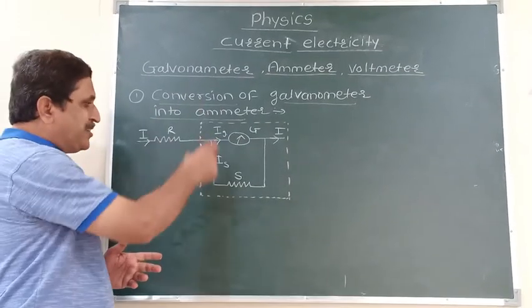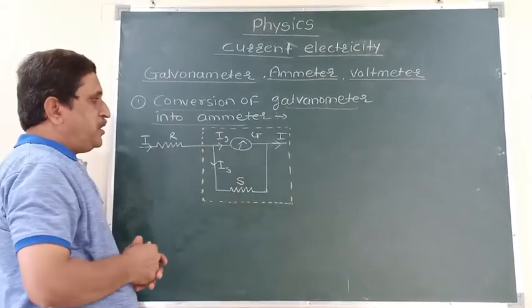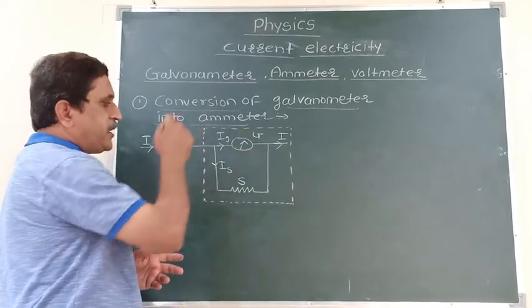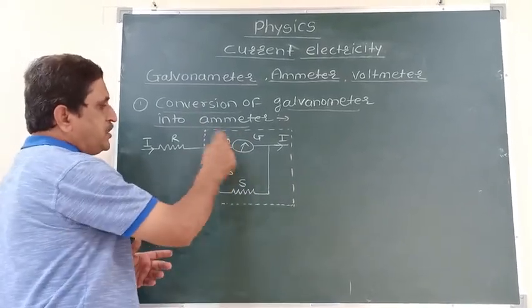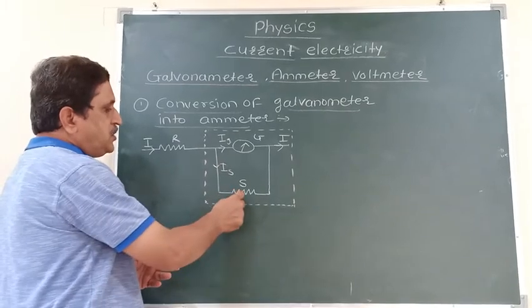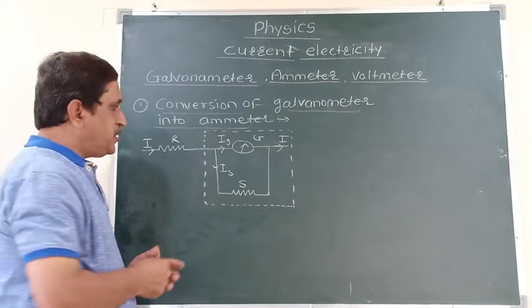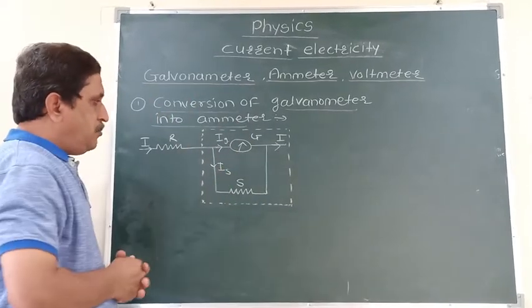To avoid all these three problems, one modification should be done with the galvanometer. That means the resistance of that galvanometer should be decreased, and to decrease the resistance of galvanometer, here shunt resistor is connected in parallel combination with the galvanometer, and thus we can say that galvanometer gets converted into the ammeter.